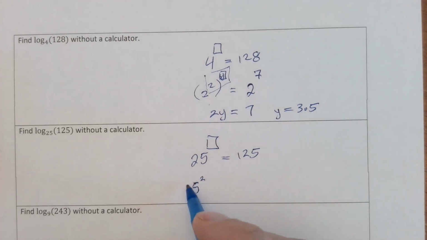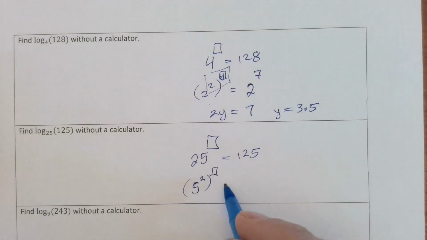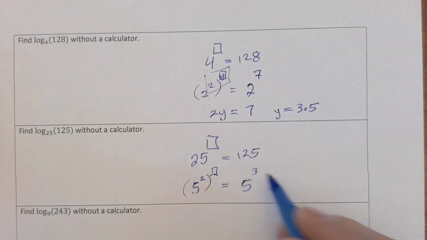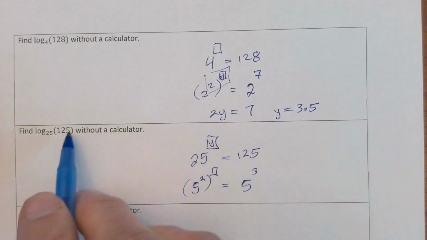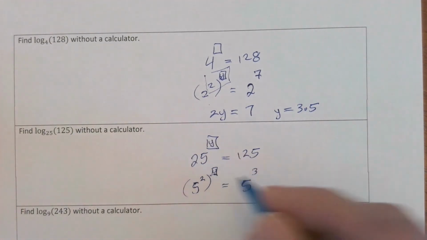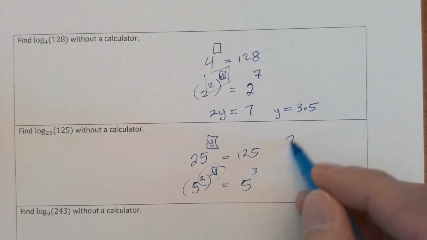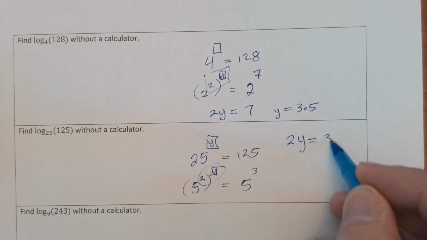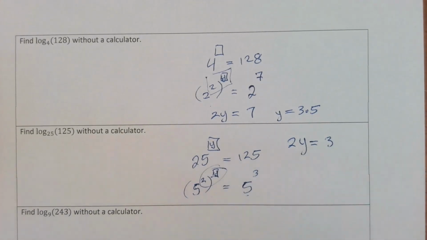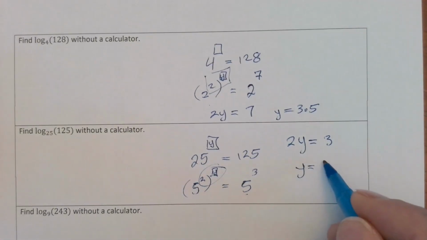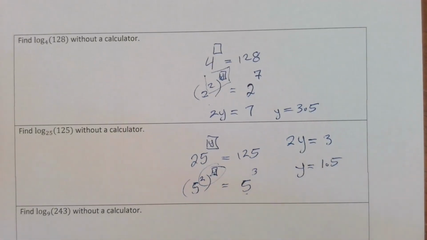This is 5 squared, and 125 is 5 times 5 times 5, which is 5 cubed. So let's call this exponent, which is the answer to the problem, y. Let's multiply these two together and set it equal to 3, because equal powers with equal bases have to have equal exponents. 2 times y has to equal 3. Now divide both sides by 2, and you get y equals 3 halves, or 1.5. And that's the answer to this problem.